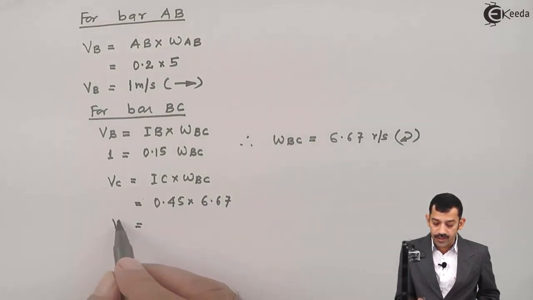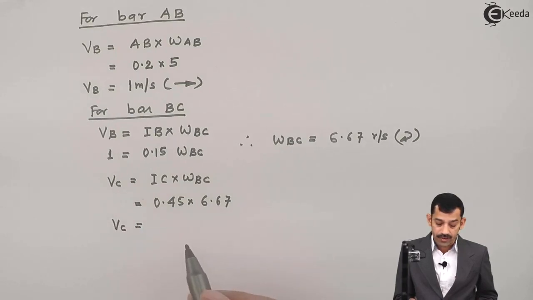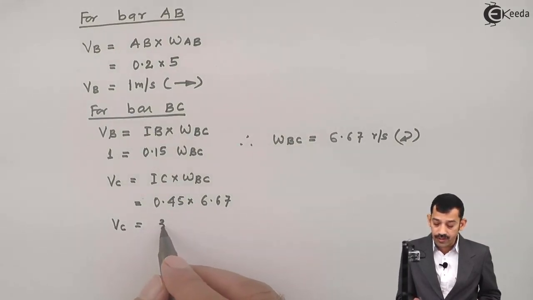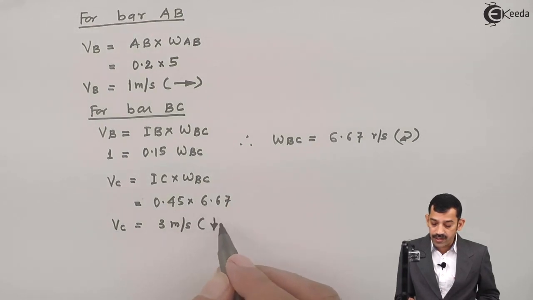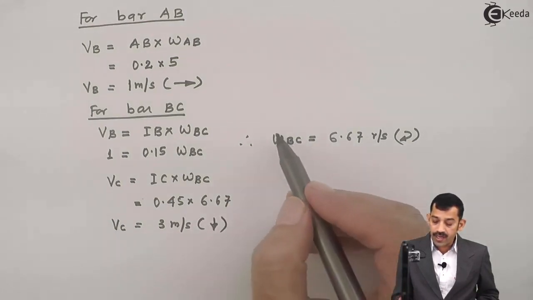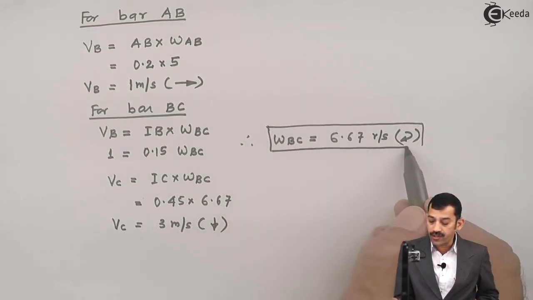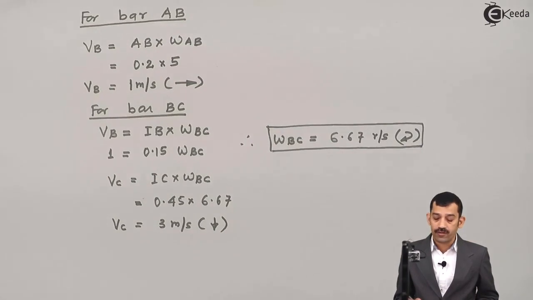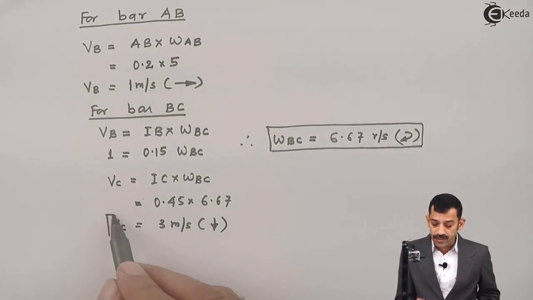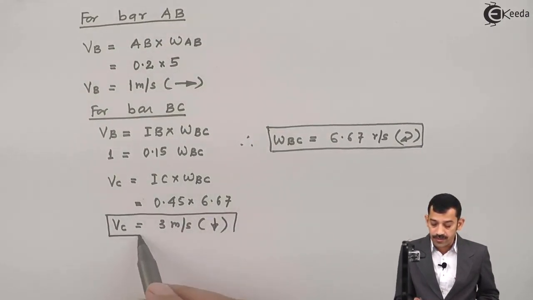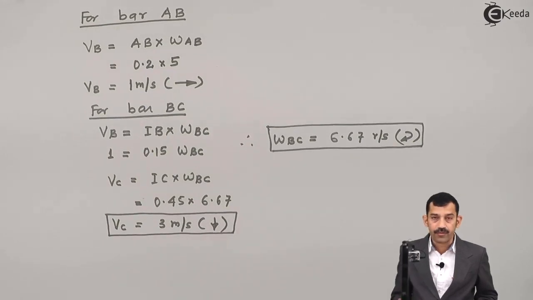Therefore, what VC will we get here? VC, if you calculate using a calculator, comes out to be 3 meters per second. And the direction you are getting is downward. What is asked in the problem? Find omega of rod BC, which is 6.67 radians per second clockwise, and linear velocity of point C is 3 meters per second in vertically downward direction.